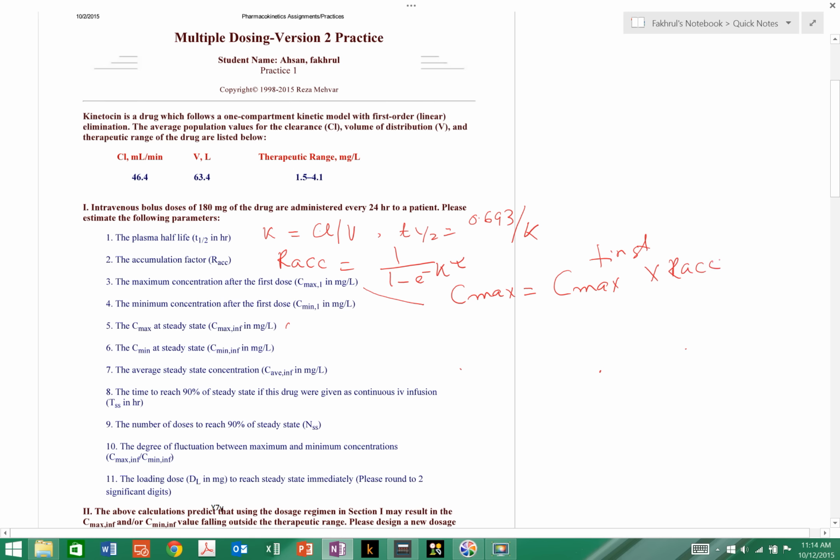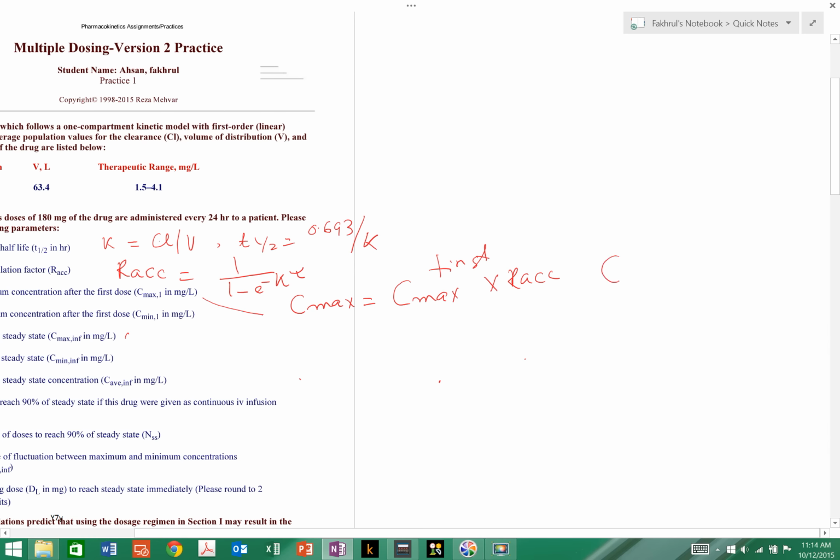And to calculate Cmax first, Cmax first is nothing but dose divided by V.